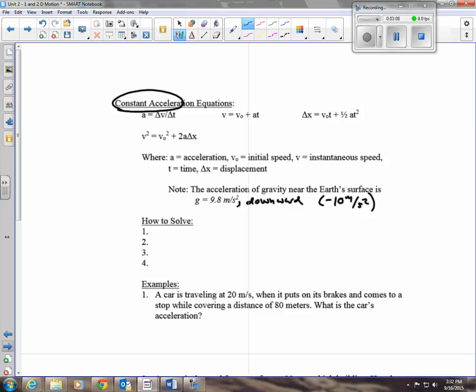Now, how to solve these types of problems? Part 1, you may want to sketch a graph or a diagram. You don't have to, but sometimes it helps to visualize, especially for the more tricky problems. Part 2, you're going to write down your givens.